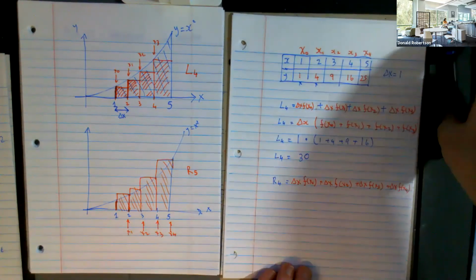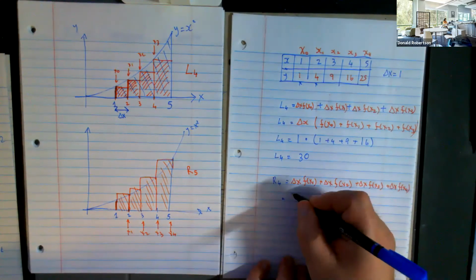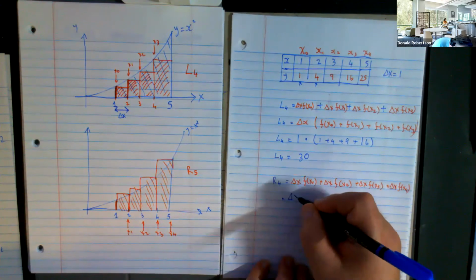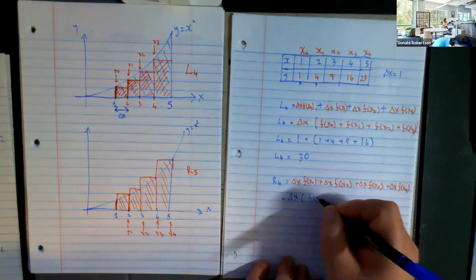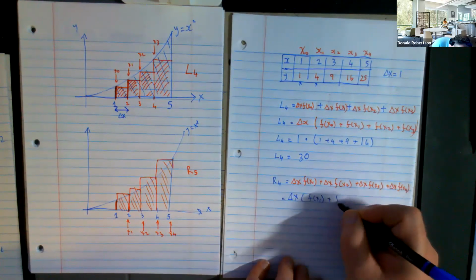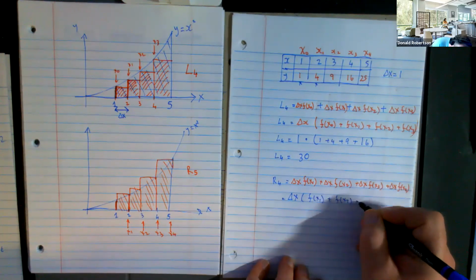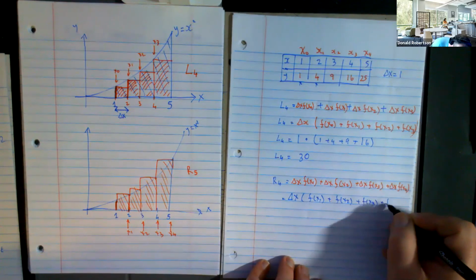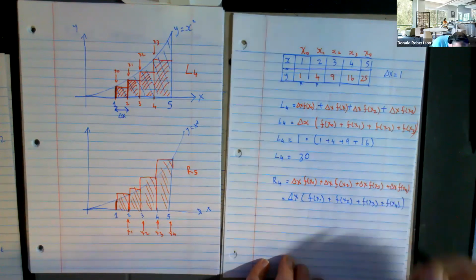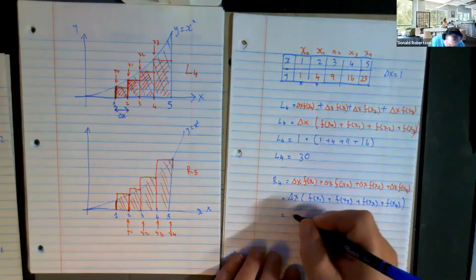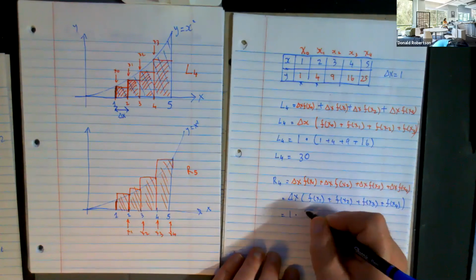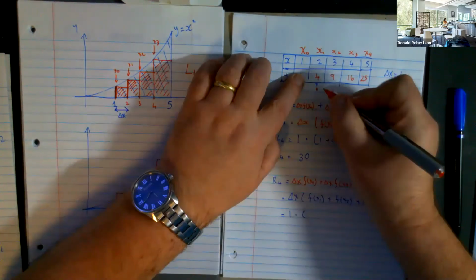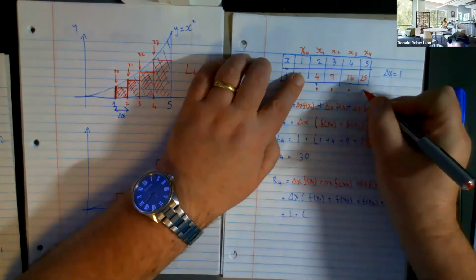Now what does that get us? It gets us, well, oops, almost forgot. You can take out the delta x and now we can do 1 times that guy, that guy, that guy, and that guy.